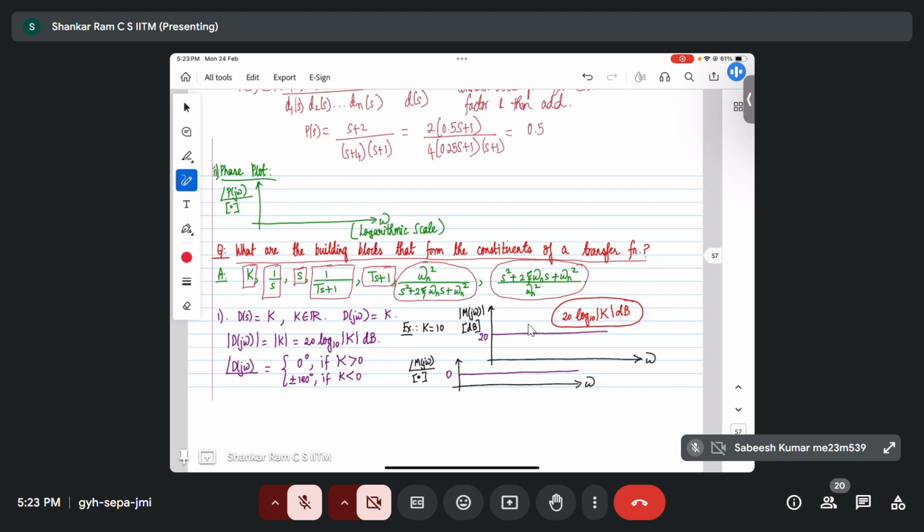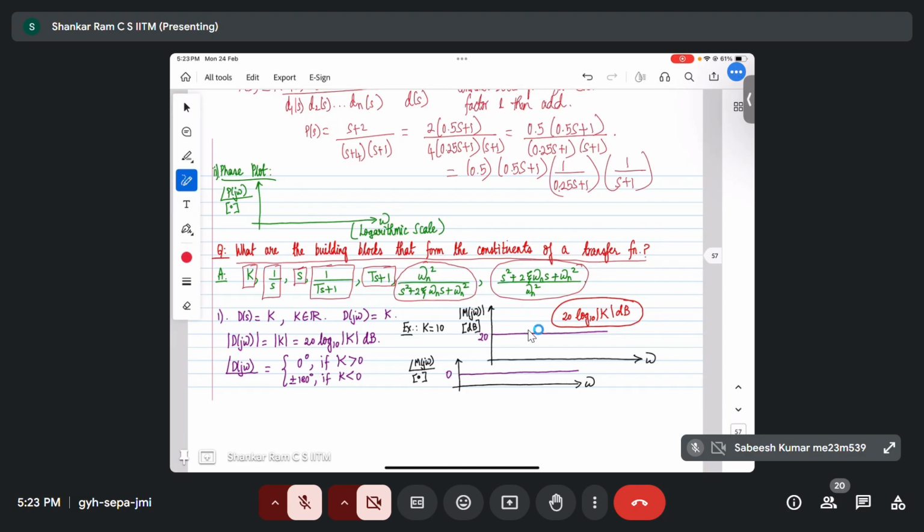Then this becomes 0.5, 2 by 4 is 0.5, right? I'm just simplifying. So 0.5 times (0.5 s plus 1) divided by (0.25 s plus 1). Immediately you can see that there are 4 terms: 0.5, 0.5 s plus 1, 1 by (0.25 s plus 1), and then 1 by (s plus 1).